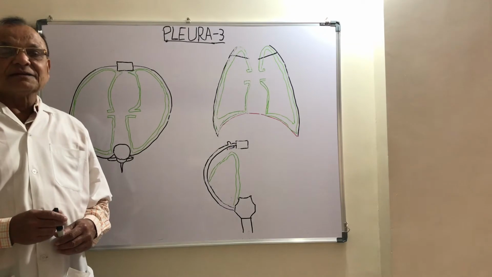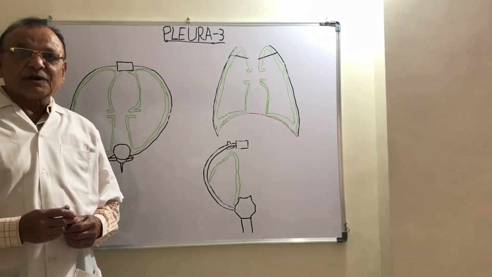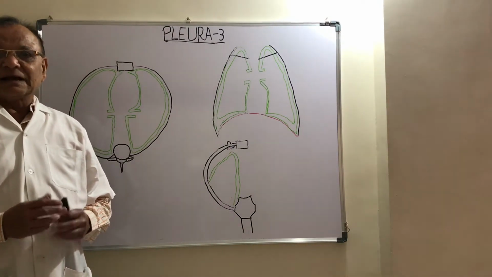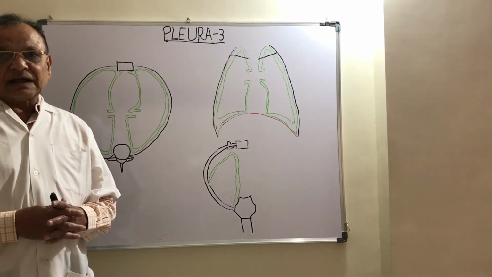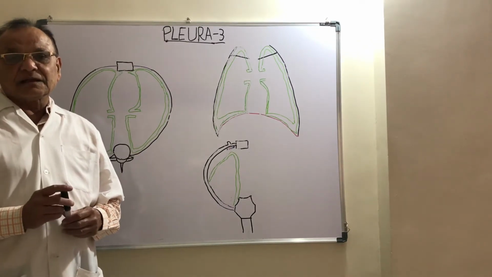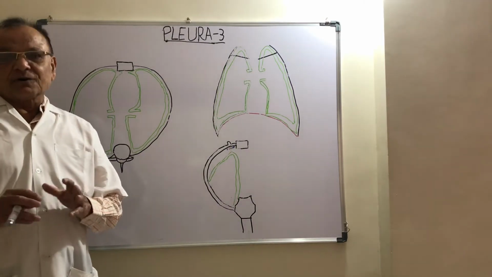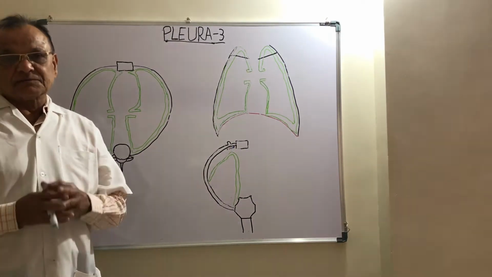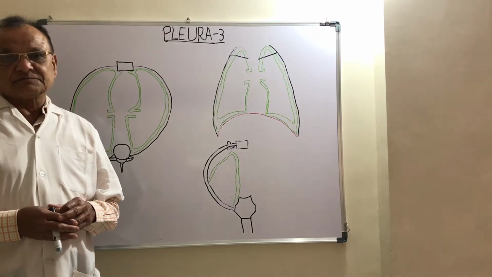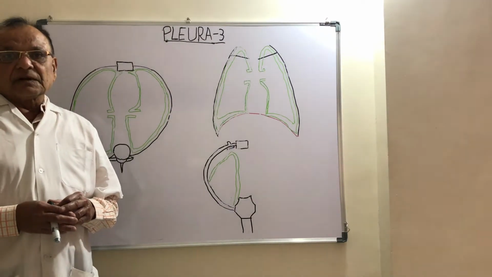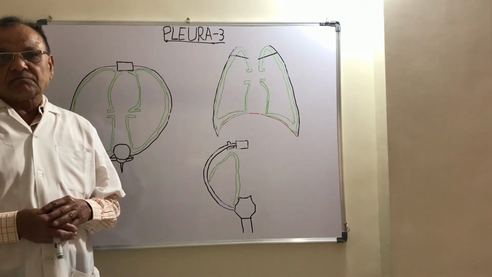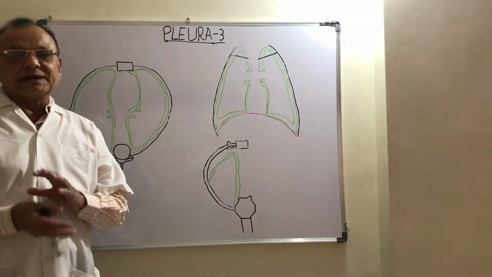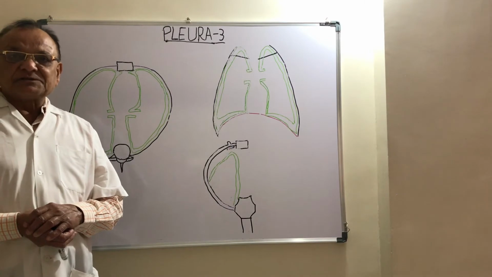On each side, the pleural cavity is larger at two places, and this larger pleural cavity is roughly called the pleural recess. Now you know that respiration occurs in two phases, inspiration and expiration.